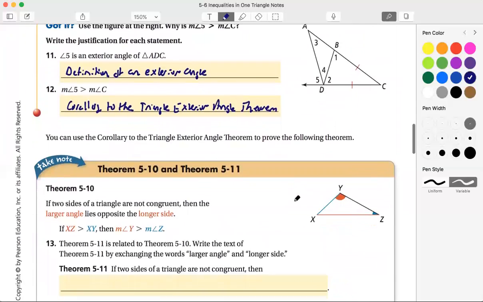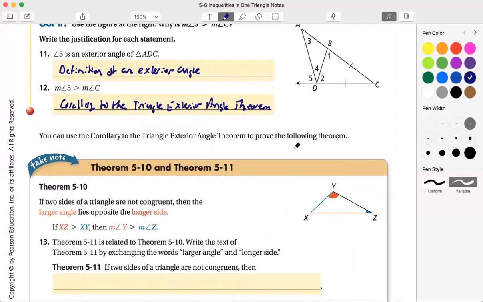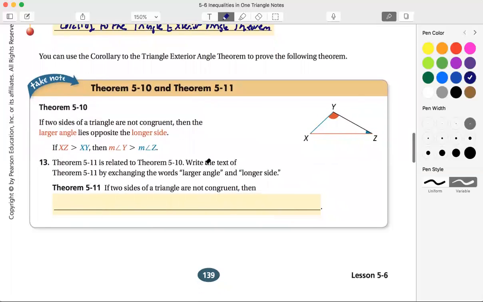Okay. We can use the corollary to the triangle exterior angle theorem to prove the following theorem. If two sides of a triangle are not congruent, then the larger angle lies opposite the longer side. So if xz is greater than xy, then we know the measure of angle y is greater than the measure of angle z. Theorem 5-11 is related to theorem 5-10. Write the text of 5-11 by exchanging the words larger angle for larger side.